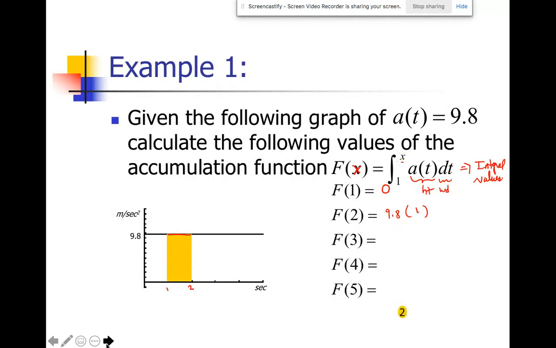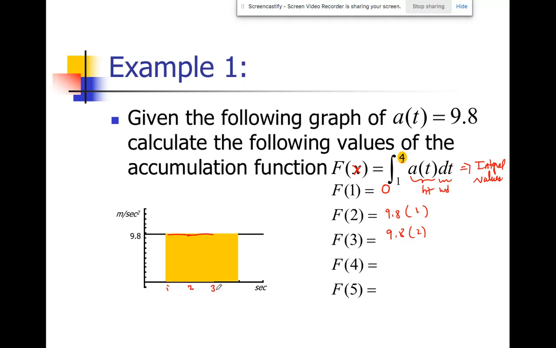How about when I change the x from a 2 to a 3? Do you see my accumulation happening? I did stop at 2. Now I went back to start at 1, but stop at 3. I accumulated more, right? Integral values. My height of that rectangle is still 9.8, but what's my width? Can you see what's happening here?